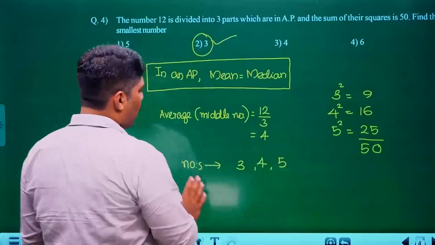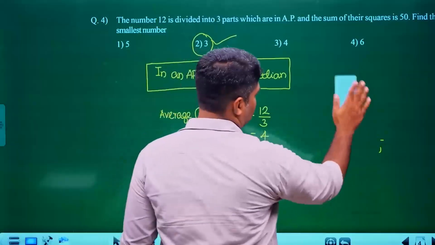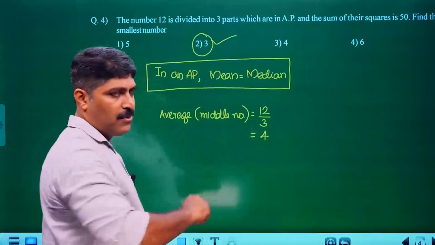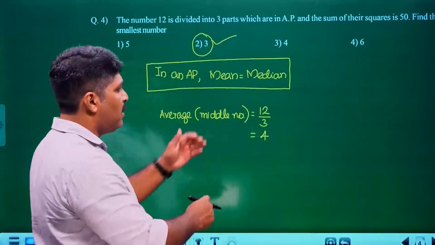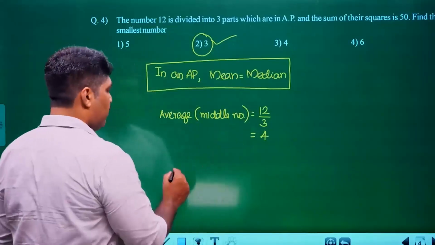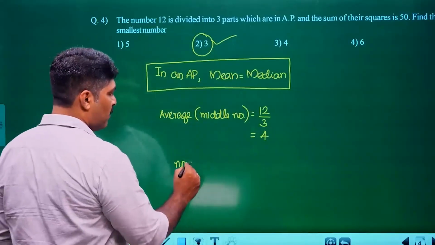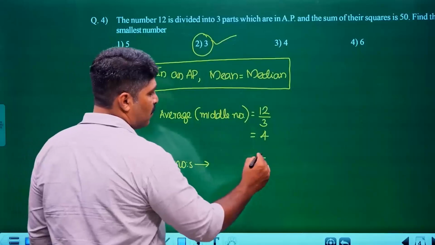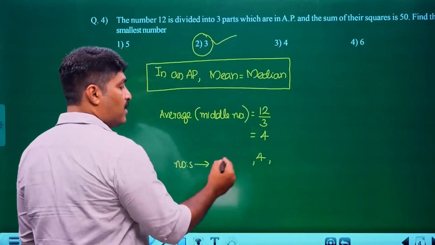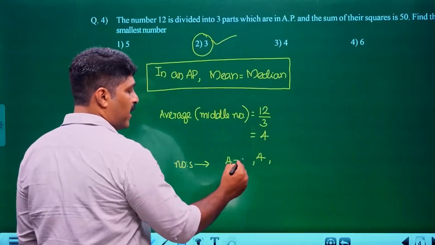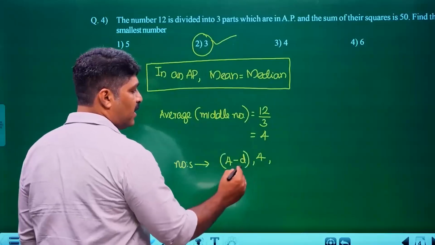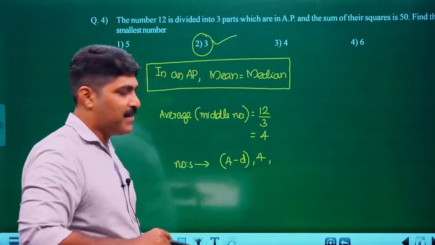Then what will be the algebraic approach here? Once we reach such a conclusion, if the middle number is 4, you can think about the numbers. This number is 4 and its preceding number is 4 minus d, because it is given that these three numbers are in arithmetic progression.